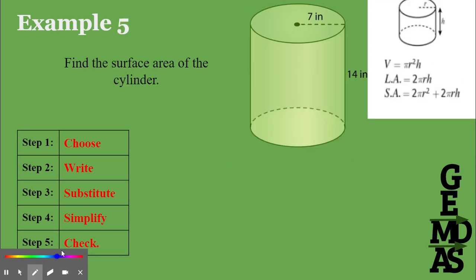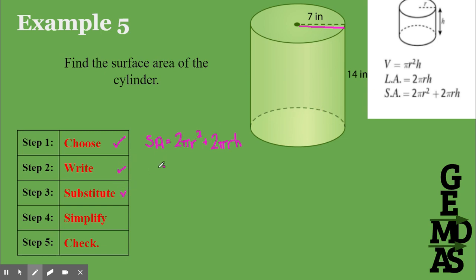All right, we're going to find this time the surface area of the cylinder. So you can see we have our formula over there. We chose the formula, and now we're going to write it. Surface area equals 2 pi r squared plus 2 pi r h. Remember, the r stands for radius, and the h stands for height.